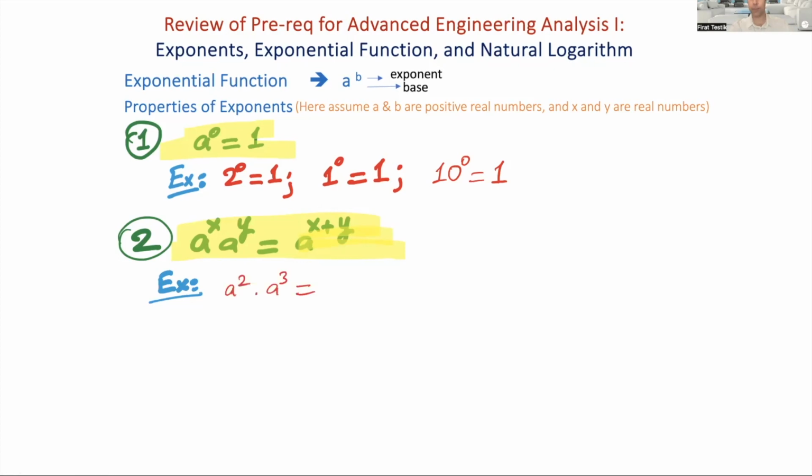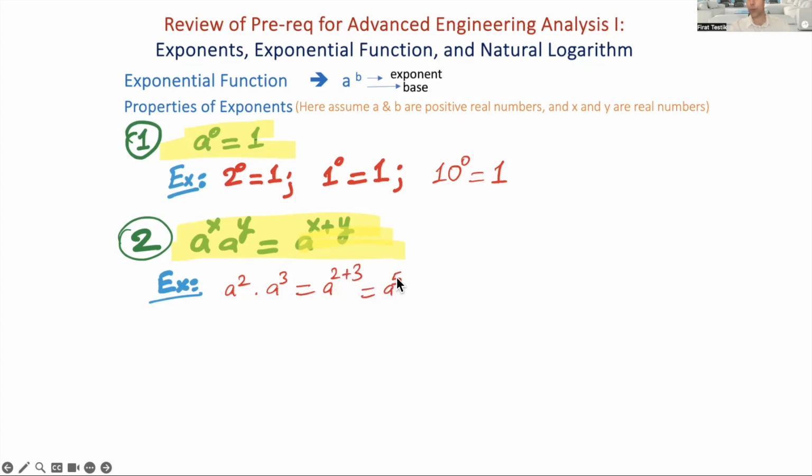Examples for this, consider we have a squared multiplied by a to the power 3. So bases are the same, which is a. So we can write it as a to the power 2 plus 3. So these are the summation of the two exponents, 2 and 3. And we know that 2 plus 3 is 5.